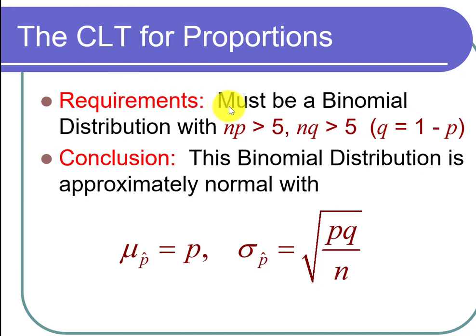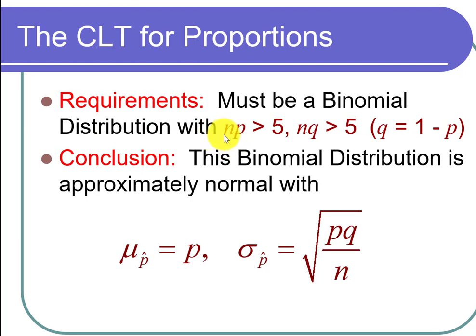First, we must have a binomial distribution. We've talked about that before. That's a yes-no question, and the trials are independent of each other. There's no bias. That's binomial. Second, the distribution must be large enough, not over 30. That's not what we're talking about anymore.